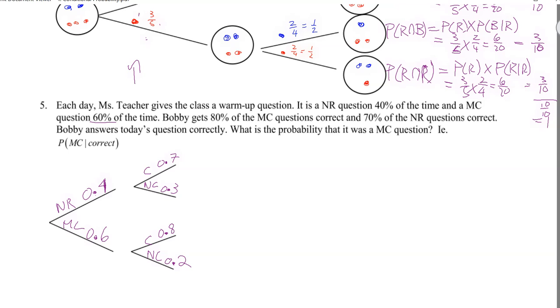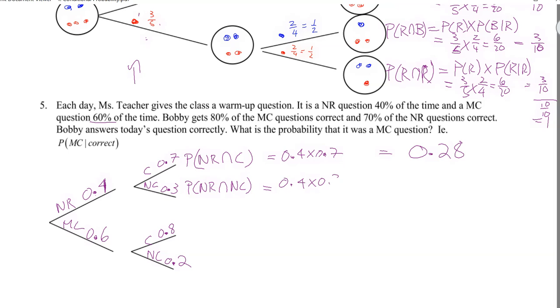So if we follow each branch, this is numeric response and correct, which will be 0.4 times 0.7, which is 0.28. Numeric response and he gets it wrong: the probability of numeric response and not correct is 0.4 times 0.3, which is 0.12.